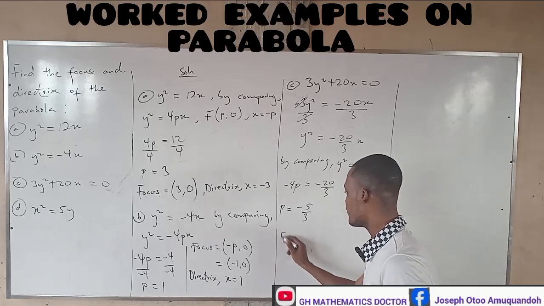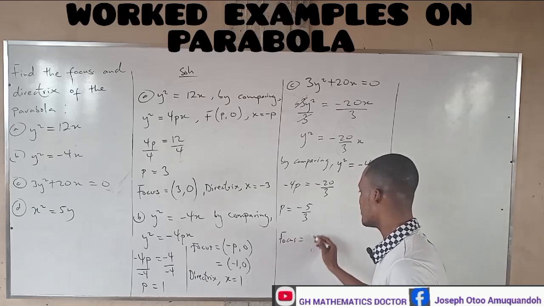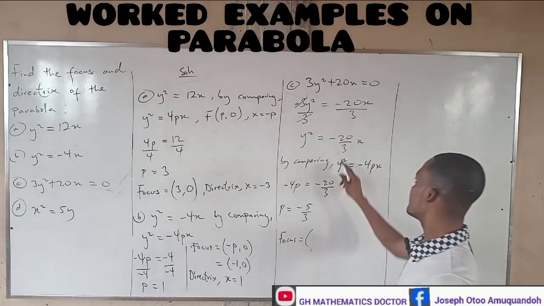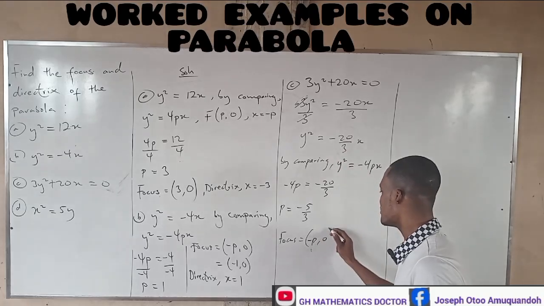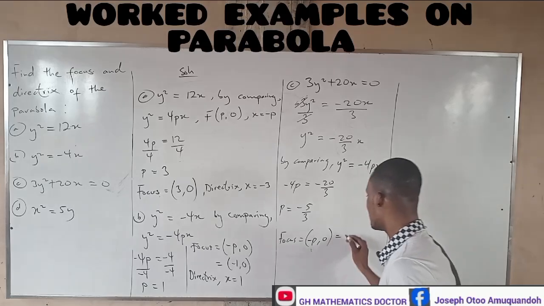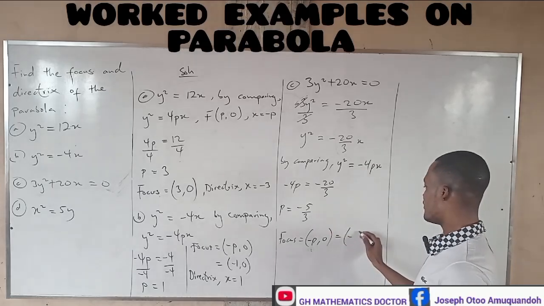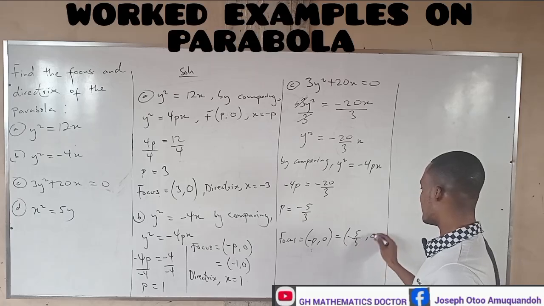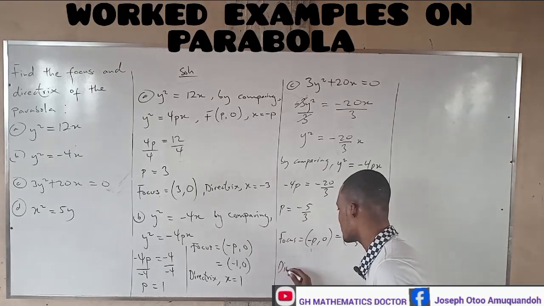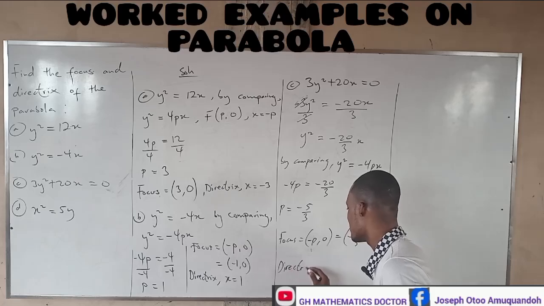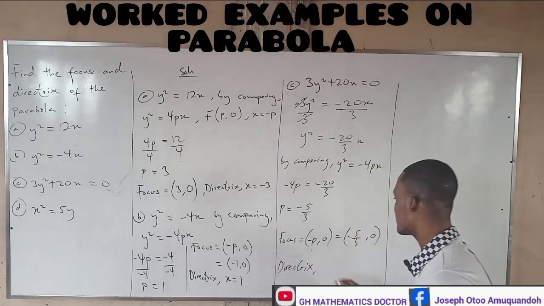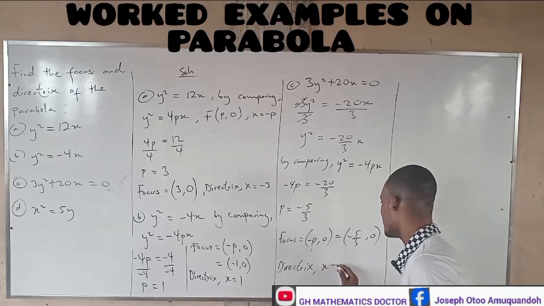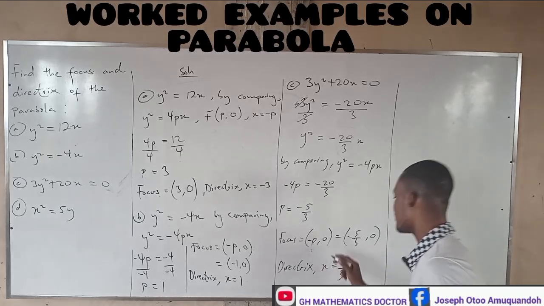So therefore, our focus is going to be of the form (negative p, 0). And that will give you (negative 5 over 3, 0). And the directrix will be x equal to positive 5 over 3.